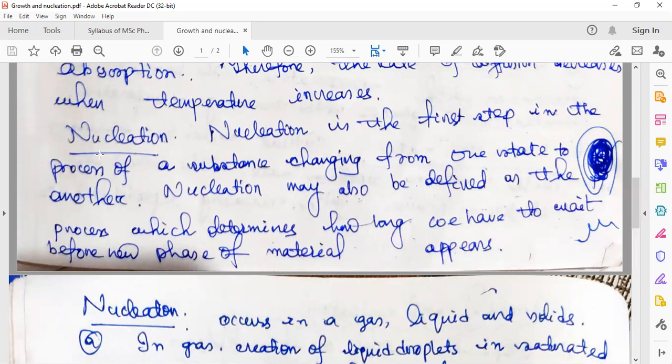At that interface, when the substance changes from one state to another, we say that nucleation happens. So it is the step when a substance changes from one state to another state.